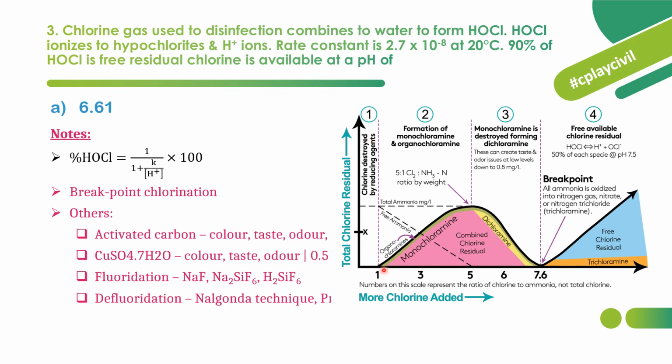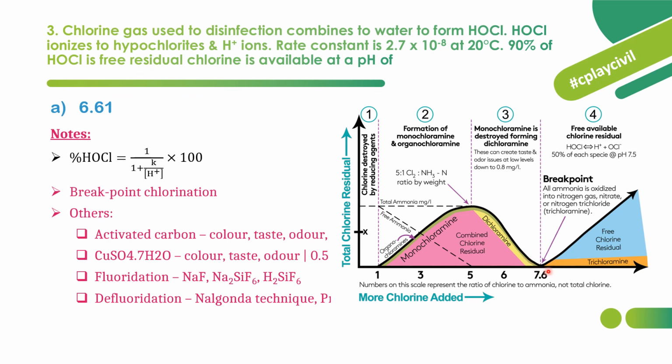After some time, chlorine reacts to form monochloramine and dichloramine, so there will be a combined chlorine residual. Formation of monochloramine and organochloramines, mono, di, will be happening, giving a combined chlorine residual. After that, monochloramine is destroyed forming dichloramine, and after that there will be a breakpoint.